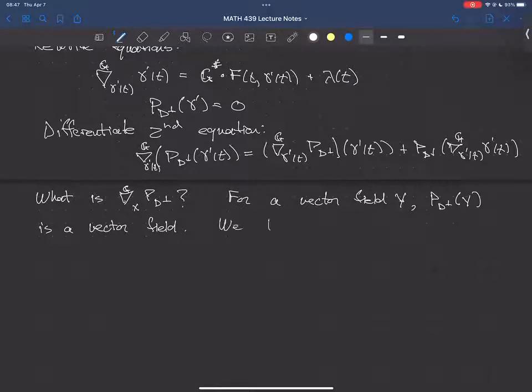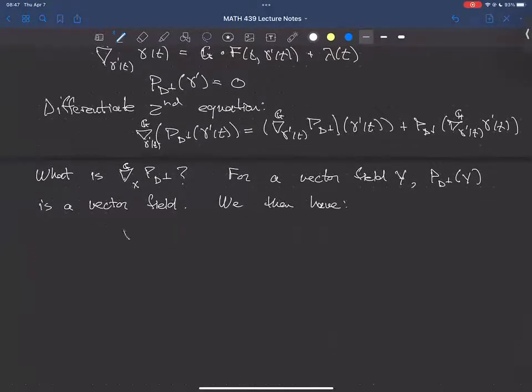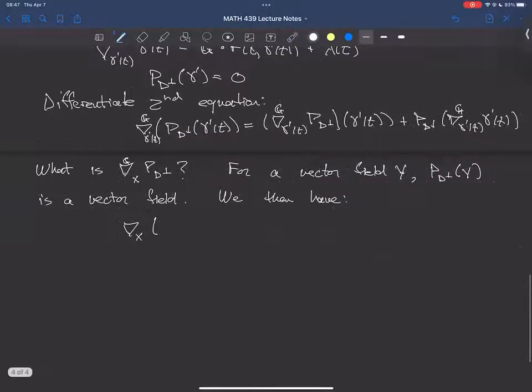We then have nabla_X of, so I'm really just rewriting this formula here, but in a slightly different way, P_D perp of Y.